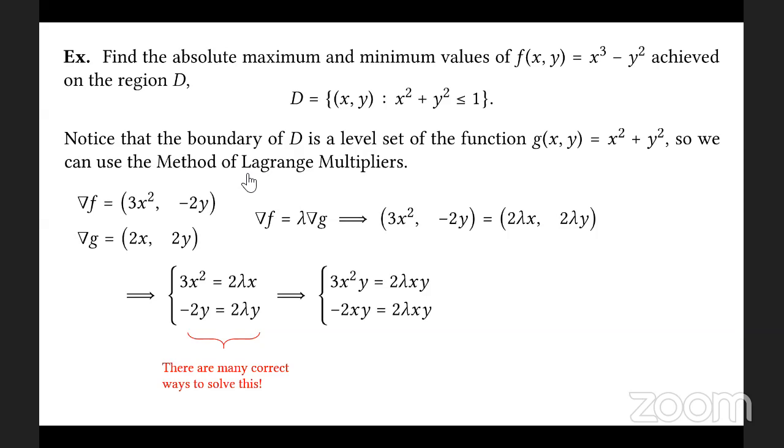So that allows me to set both of these equal, and now I no longer have to deal with lambda. 3x squared y equals negative 2xy. So that is going to hold if x or y is 0, and if neither of those are 0, it'll hold if x equals negative 2/3.